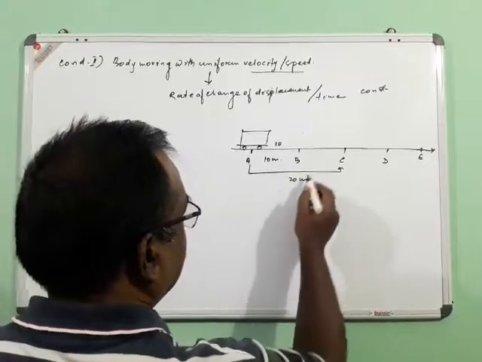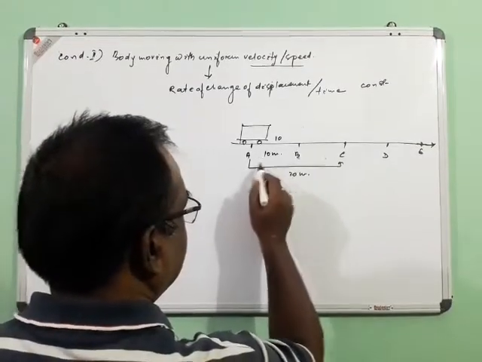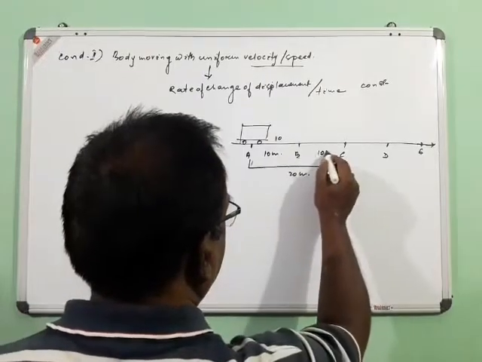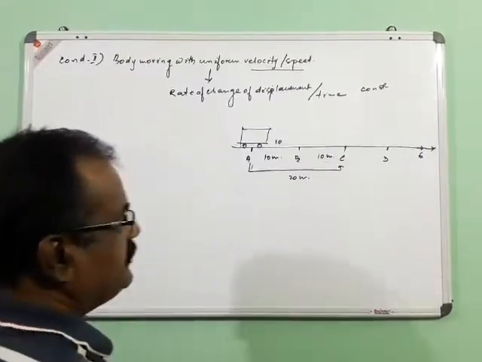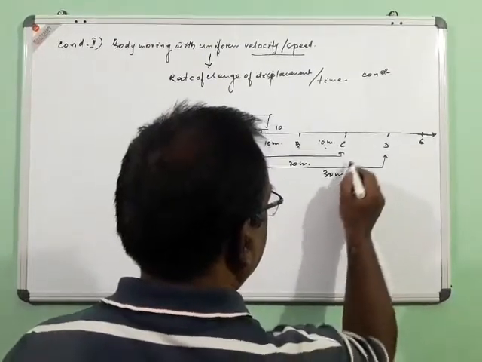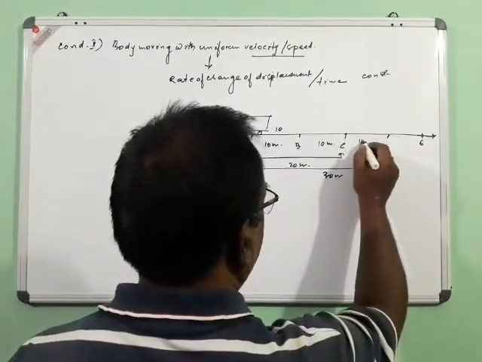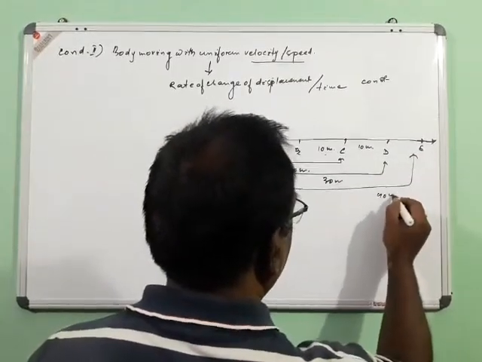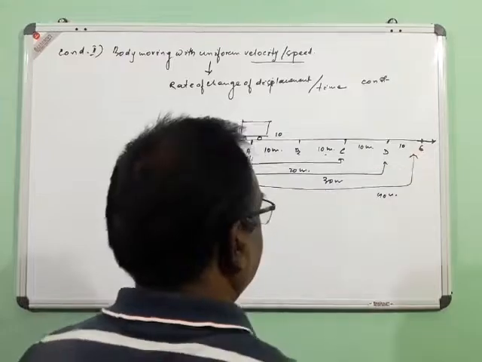So the total is 20 meter and A to B is 10 meter, so B to C is also 10 meter. The change in distance will be the same. Similarly from A to D, if we say 30 meter, that means C to D becomes 10 meter. And if A to E is 40 meter, so this is also 10 meter.